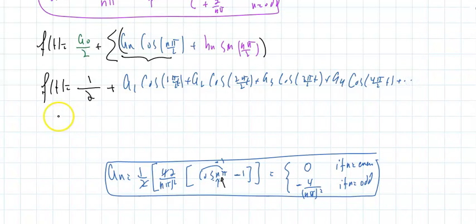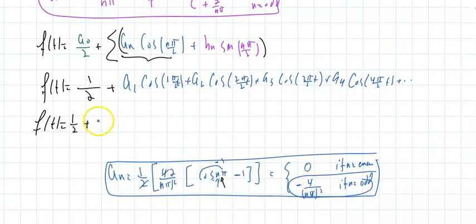So, I'll get to the green in a minute. f of t is 1/2 plus what? A sub 1. If I put a 1 right there, if n is odd, I'll get that value right there. And if n is even, I'll get a 0.